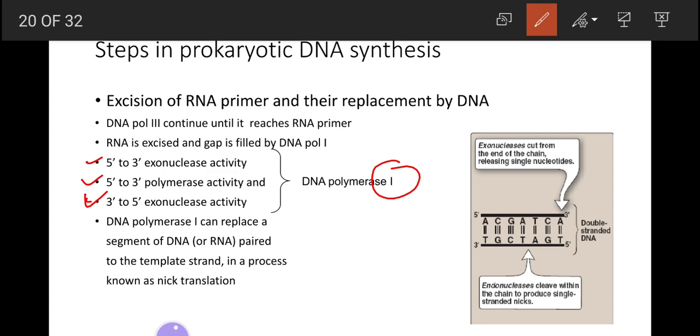So DNA polymerase 1 can replace a segment of RNA or DNA paired to the template strand in the process known as nick translation.